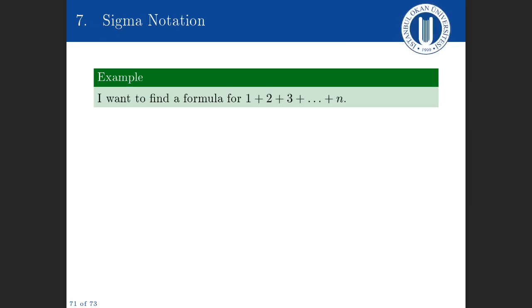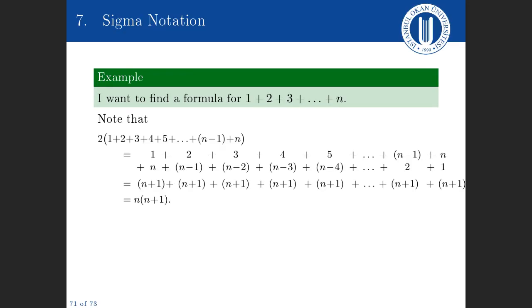Now, let's suppose I want to find a formula for 1 plus 2 plus 3 plus 4 plus 5 plus dot dot dot plus n. That's a formula that we're going to need in part 4 of this course. What I'm actually going to do is start by finding a formula for double this, 2 times the number that I really want. I'm doing that because I want to write it like this.